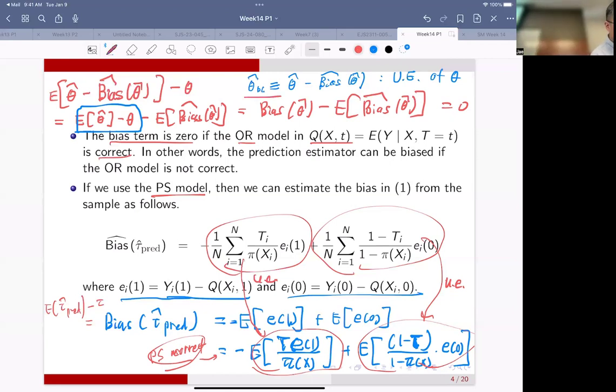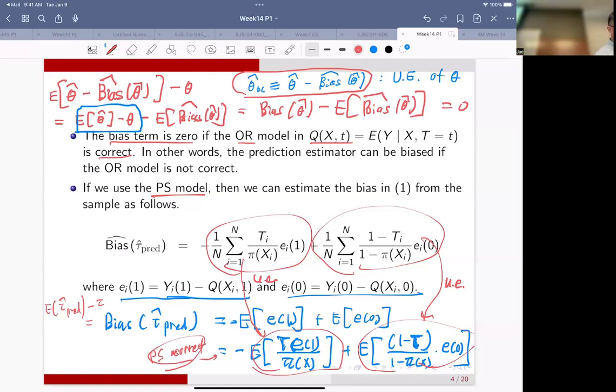You start with the initial estimator and subtract the estimated bias of the original estimator. Then the estimator you construct will be bias corrected, I mean unbiased. So that is basically the idea.